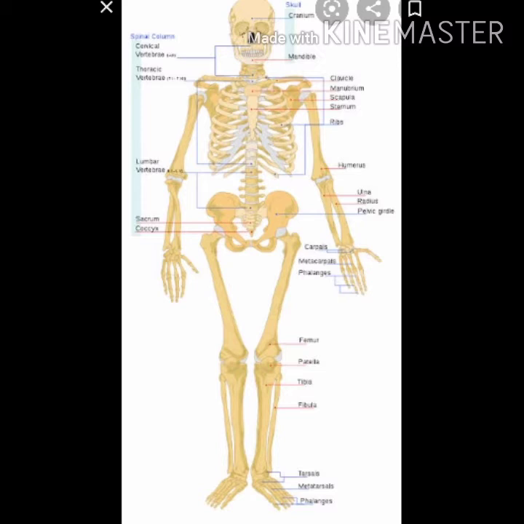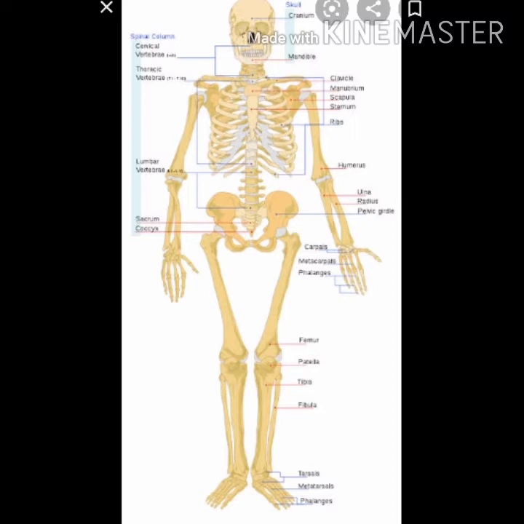Otherwise, you can look at the X-ray images of different body parts if available. Usually at the time of fractures and other kinds of bone disorders and damages, we will get an X-ray. This X-ray very clearly shows the design of the skeleton of our hands, palm, legs, etc.